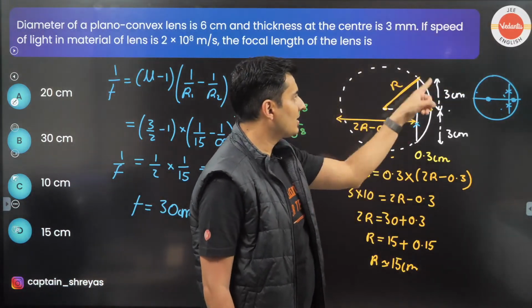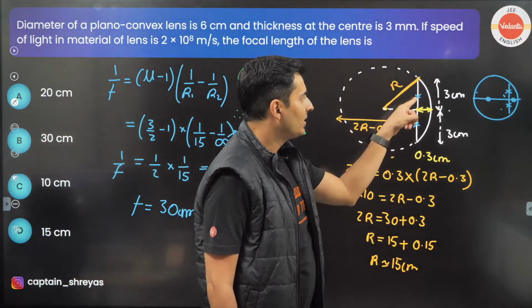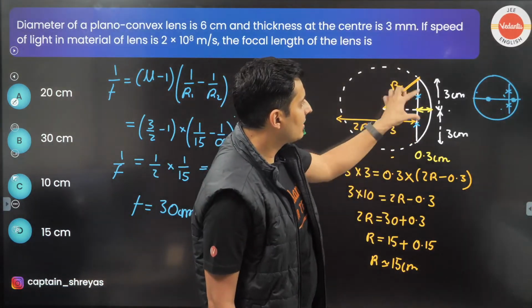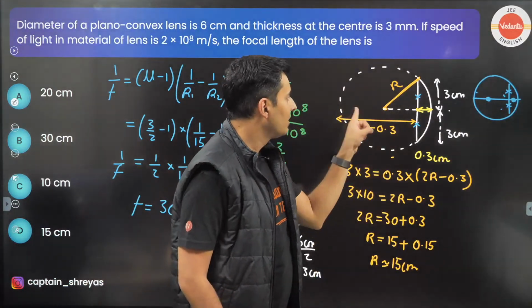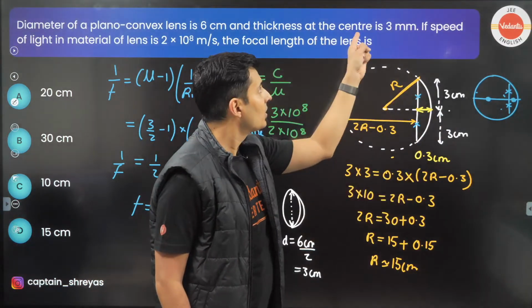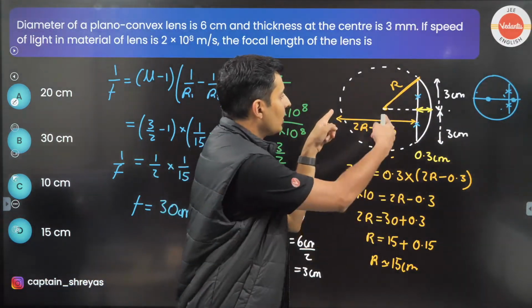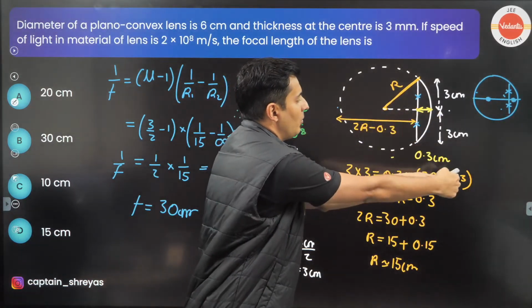If you notice here, this is a circle, this is the diameter, this is the chord, this into this, each is 3 centimeters. So 3 into 3 is equal to, this is the diameter, this part is 0.3 as per the given question, it's 3 millimeters. So this much from here to here will be diameter minus 0.3.